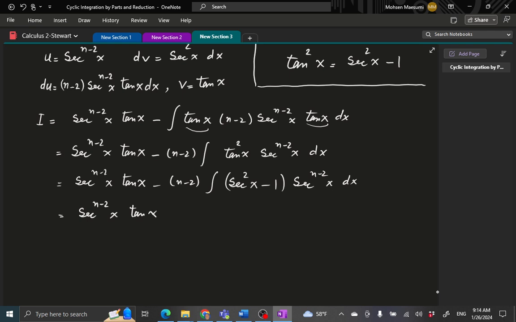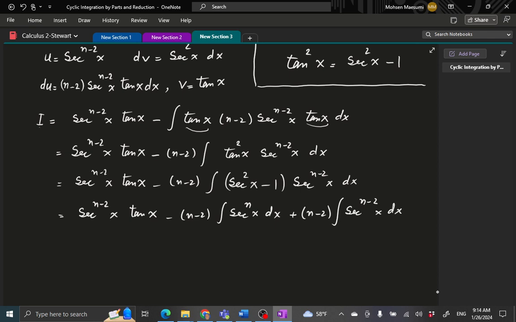Tangent of x minus n minus 2. I write secant to the power of this times that is n minus 2, minus times another minus makes it a plus, n minus 2, 1 times that is just secant to the power of n minus 2 of x dx.